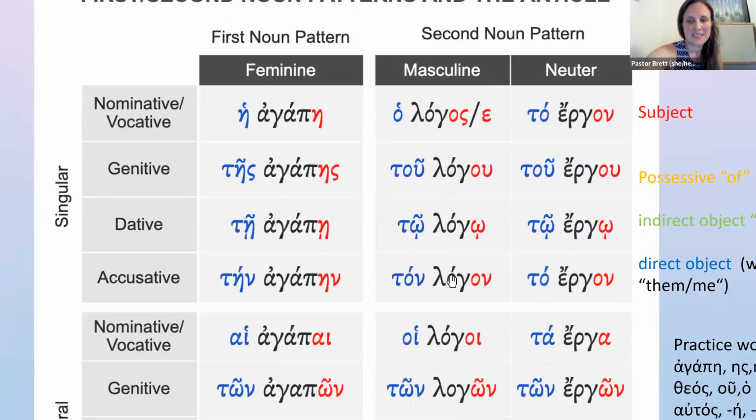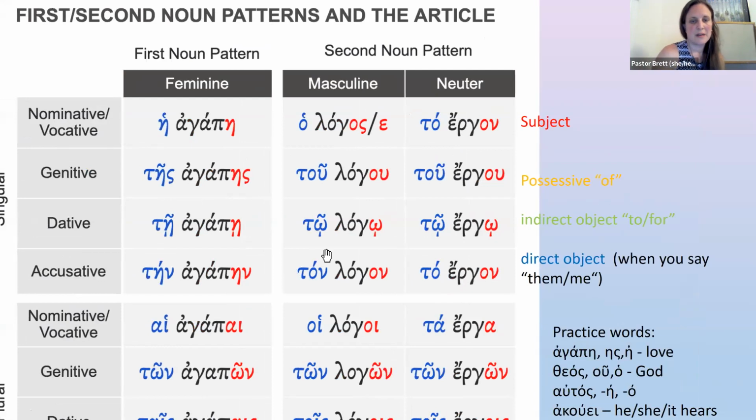Point being, if you see the iota subscript, which in some fonts will look just like a little dash below the vowel, see how it's present across the line here? So when we see that at the end of a word, and it has that funny little thing underneath a vowel, that means that it's the dative form, and that it always gets translated to or for whatever the noun is.